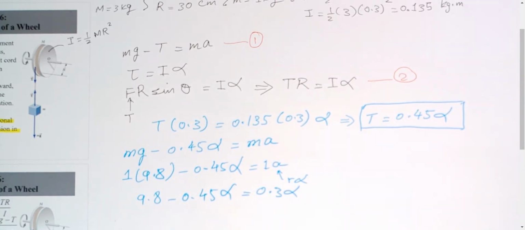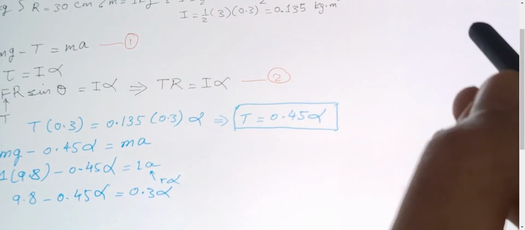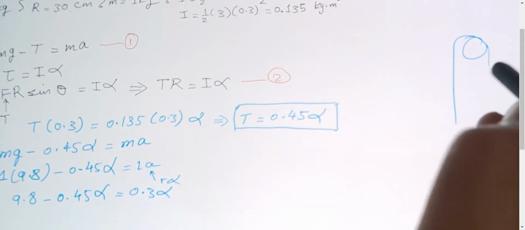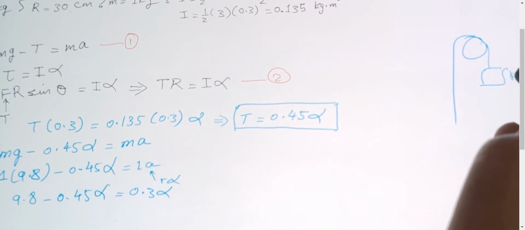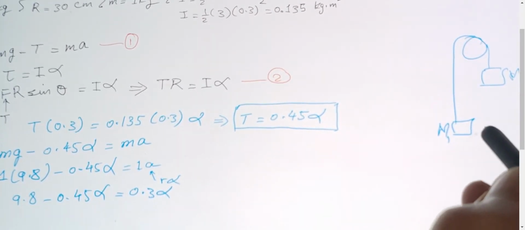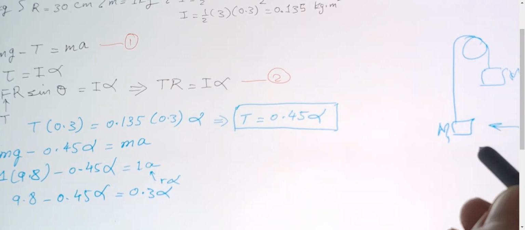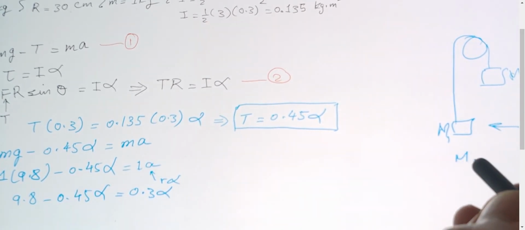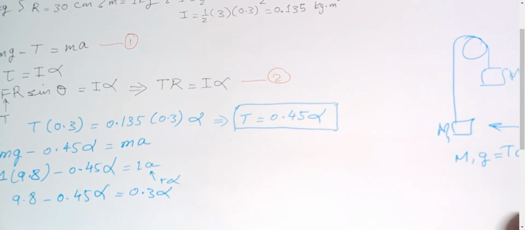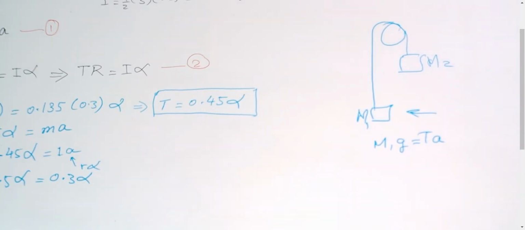Revise يعني when you have an object like this, for example, here is M2 and here is M1. How do I write this equation? Do I write it M1G is equal T? No, I write mg minus t is equal ma.